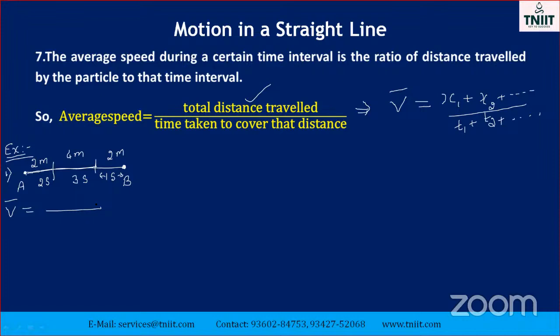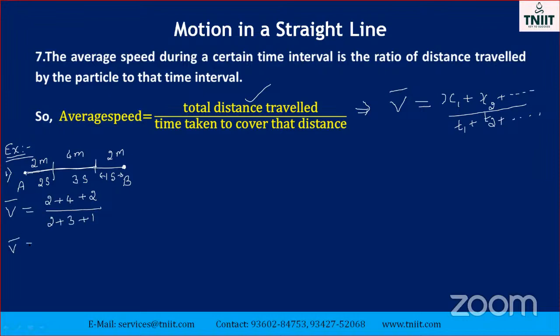The total distance is 2 plus 4 plus 2, divided by the total time, which is 2 plus 3 plus 1.